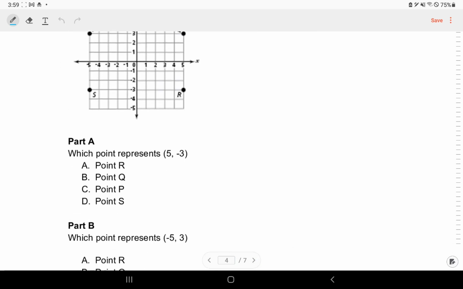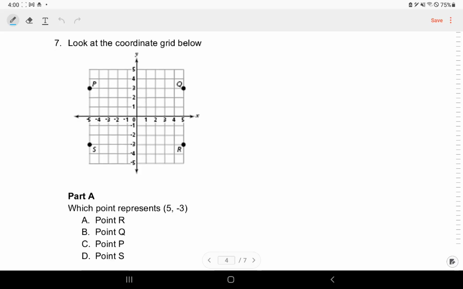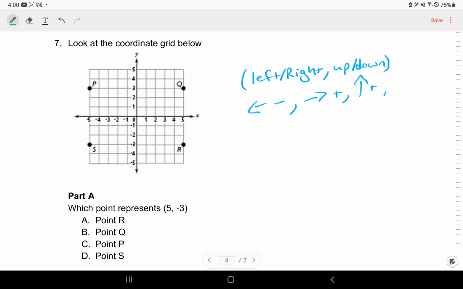So question 7 has a part A and a part B. Look at the coordinate grid below. Which point represents 5, negative 3? So remember, we go left, right, and up, down. Left is negative, right is positive, up is positive, down is negative.